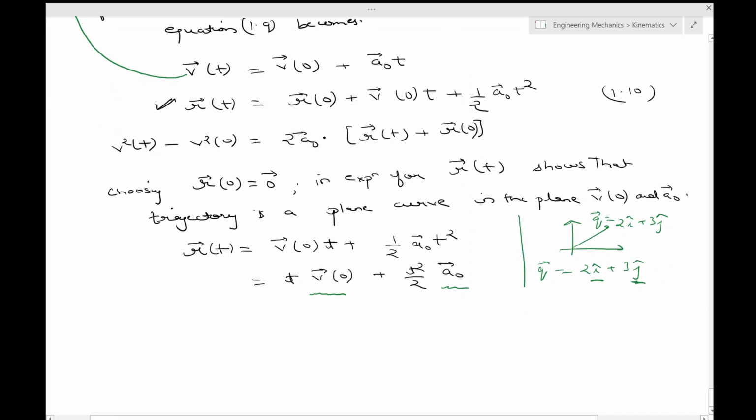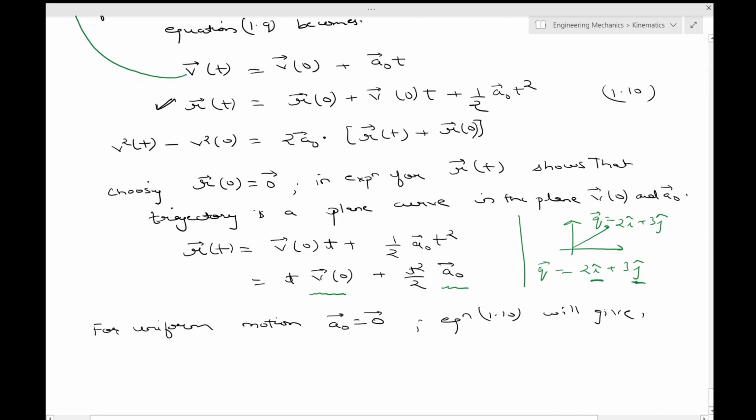Now, for uniform motion, there is no acceleration. So a0 is equal to 0. Then equation 110 will give, remember it was anyways a uniform acceleration, now even in that uniform acceleration we are saying that the acceleration is actually 0.